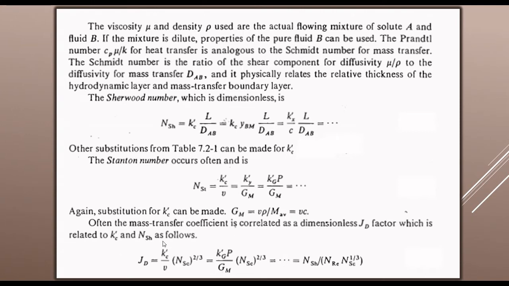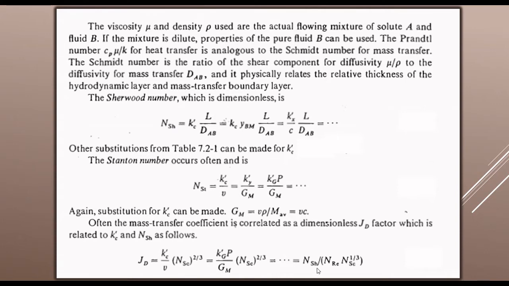Now, often, the mass transfer coefficient is correlated. So, the mass transfer coefficients that appear in these last two dimensionless numbers, the Sherwood number and the Stanton number, are correlated by a dimensionless J sub D factor, which is related to K sub C prime and N sub St. And that J sub D is actually equal to, again, the convective mass transfer coefficients together with these two last dimensionless numbers.